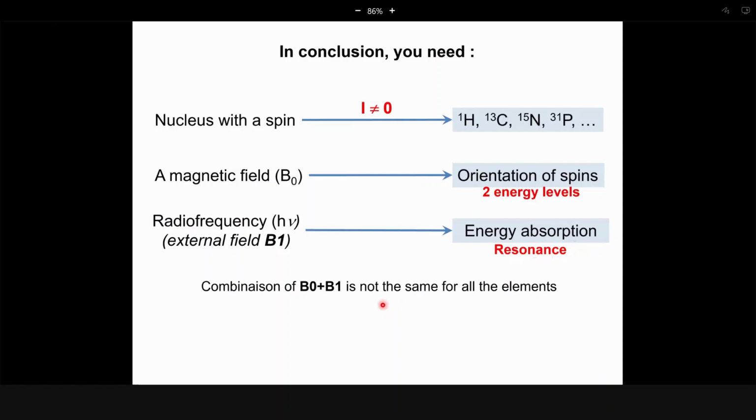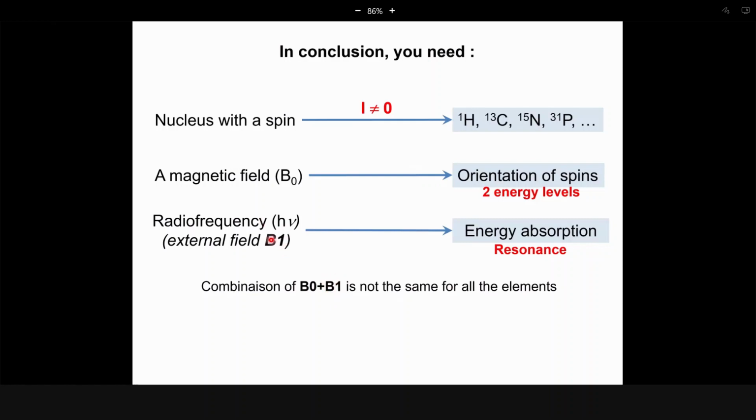And of course, the value of B1, as I said, depends on the element first. We will not have the same interval of frequency if you want to observe proton or if you want to observe carbon-13.